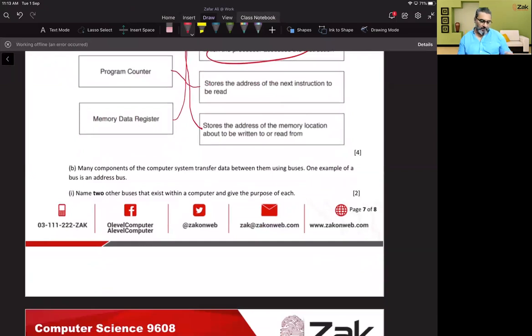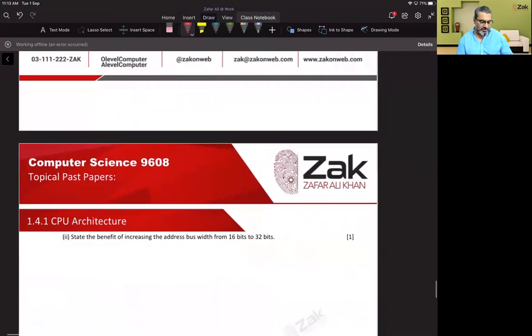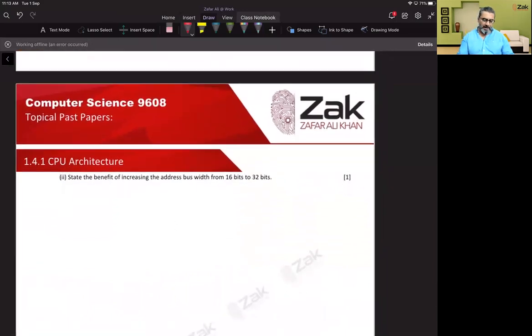Part B. Many components of the computer system transfer data between them using buses. One example of a bus is address bus. Name 2 other buses. So we have already done it. State the benefit of increasing address bus width from 16 bits to 32 bits.